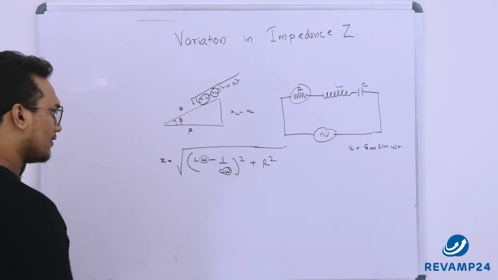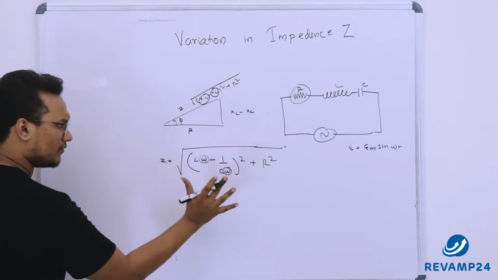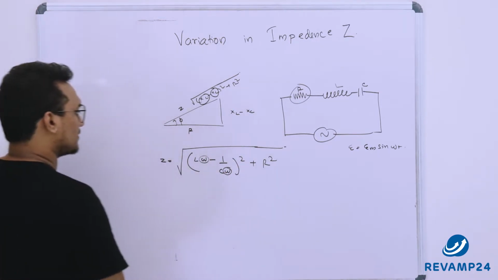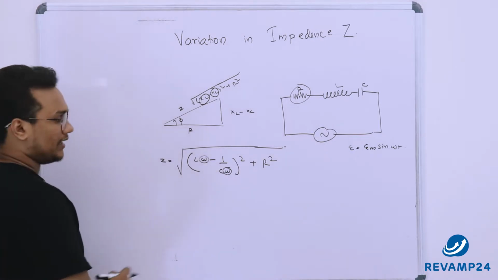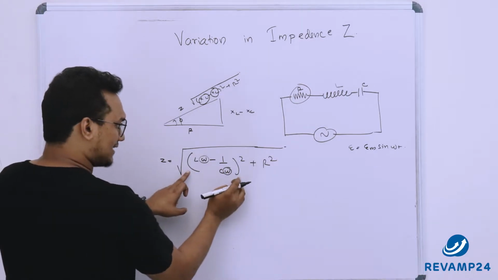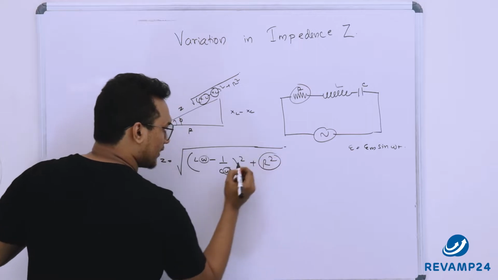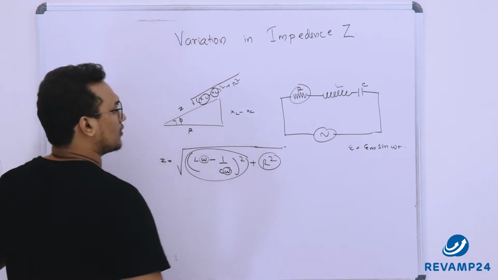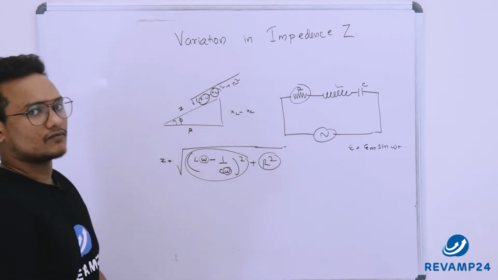Now let's see what is the minimum value possible for an impedance. So this is the square of a value plus the square of another value. Anyway, R will not change. We know that, right? Only XL minus XC will change. Now this is a positive quantity after squaring, and this would also be a positive quantity. Now this is the square root of the sum of two positive quantities.